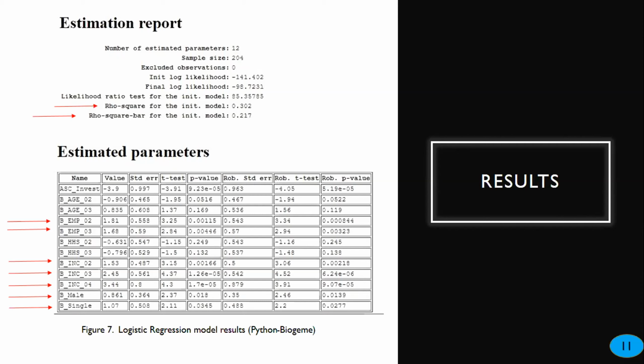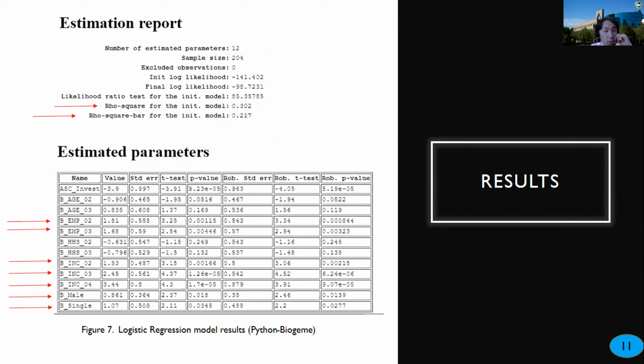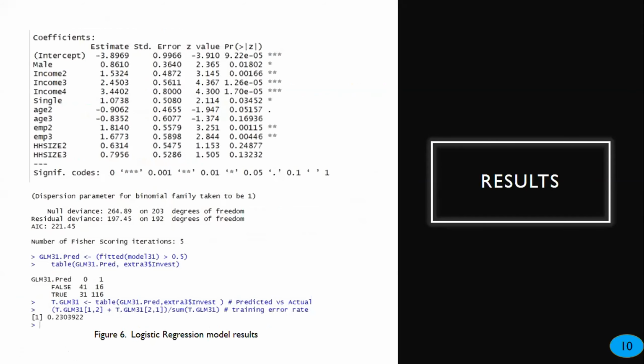So as you can see, the results are pretty similar to the previous slides, because again, income and employment are also significant here. For example, income in level 4 has the same coefficient as in the previous R results.